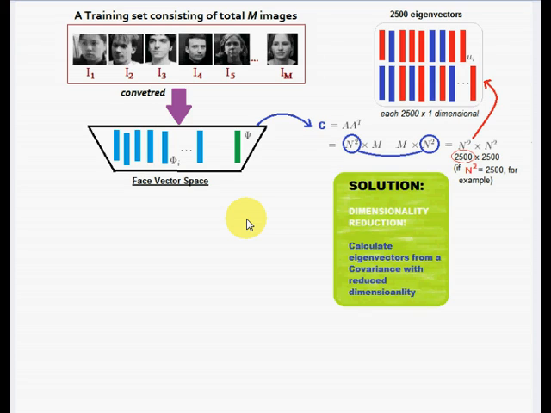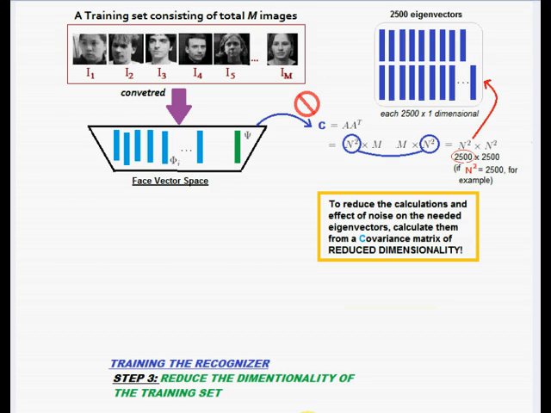Then I studied thoroughly, and later I came to know that this is done simply by calculating the eigenvectors from a covariance matrix with reduced dimensionality. That is to say, not from this covariance matrix. No, the covariance matrix that is going to be used after dimensionality reduction will be of a different formula, which I'm just going to show you now.